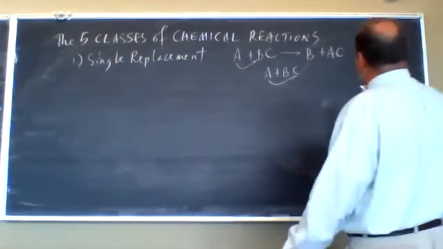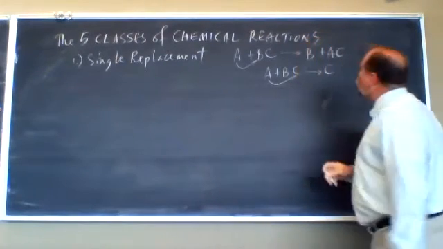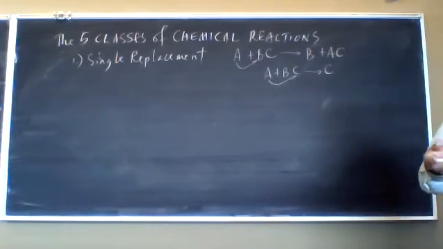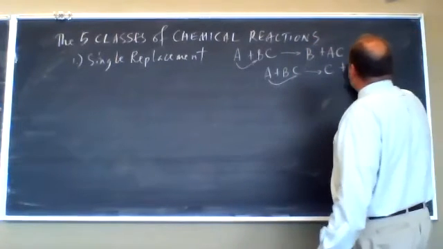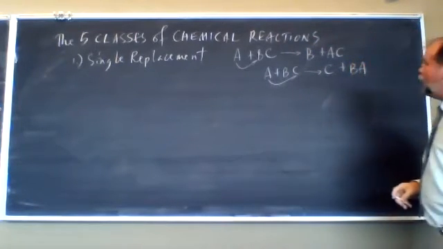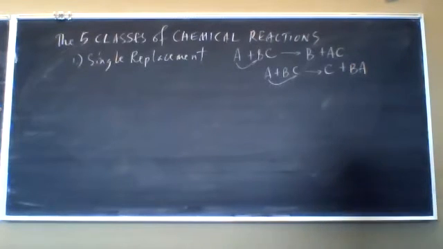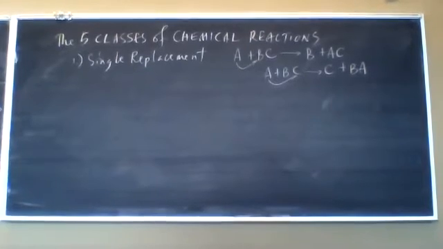And so on the product side, we get element C, now by itself, and new chemical compound BA. And so we can identify these single replacement reactions based on the fact that we start with one element and one chemical compound, and we can predict what the products are going to be if we expect cationic versus anionic replacement.